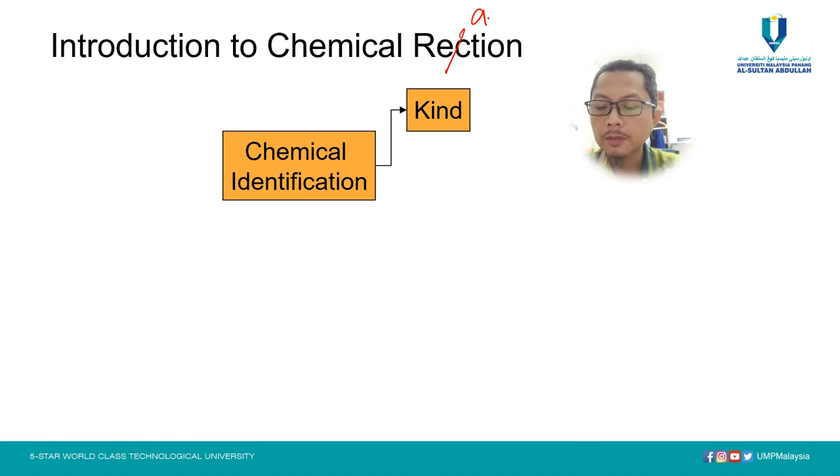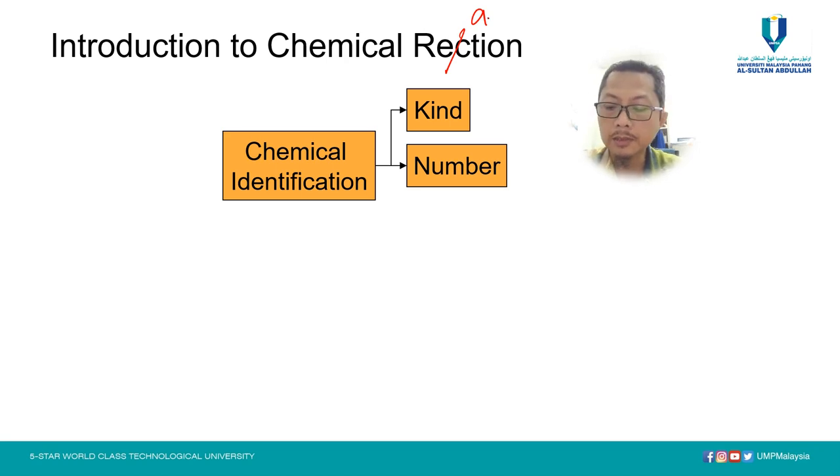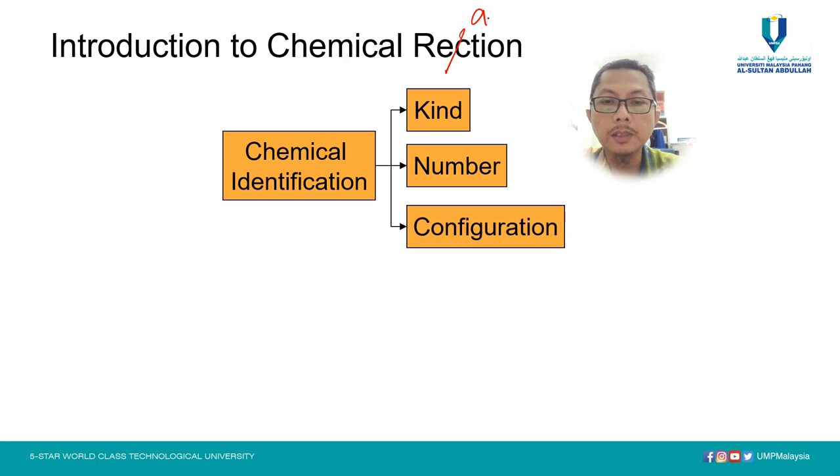And from the same group, maybe we have a different number of atoms, particularly carbon. So a change of number of carbon will also change the identity of a chemical. And finally, if you have the same kind and same number of atoms, you can probably also have a different configuration of molecules. So we call it an isomer.